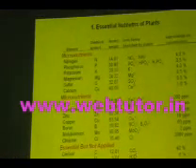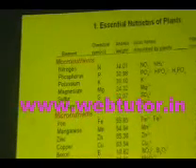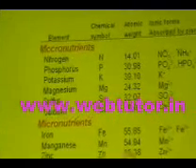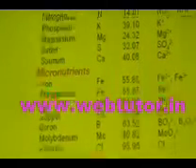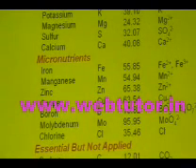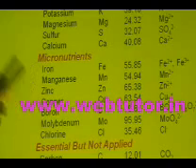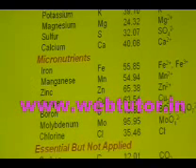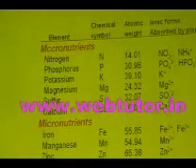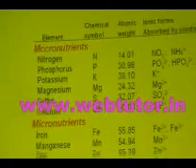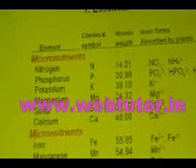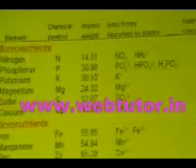Let's see which are the macronutrients and which are the micronutrients. Nitrogen, phosphorus, potassium, magnesium, sulfur, calcium are your macronutrients, essential for the survival of the plant. Micronutrients are iron, manganese, zinc, copper, boron, molybdenum, chlorine. Iron is said to be a macronutrient in some texts and a micronutrient in others, so it has a kind of dual status.